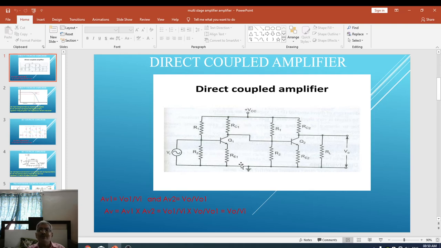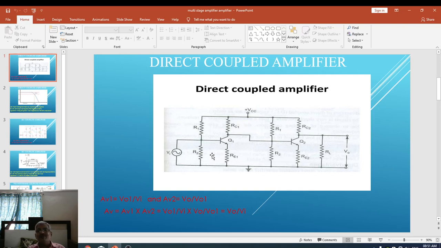This transistor is biased by making use of the voltage divider arrangement formed by resistances R1 and R2, which will adjust the operating point of this transistor in the active region so that it acts as a very faithful amplifier. That sets the proper quiescent point on the load line.